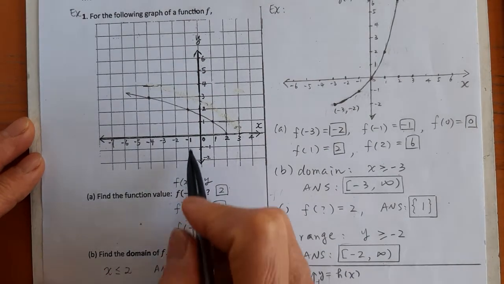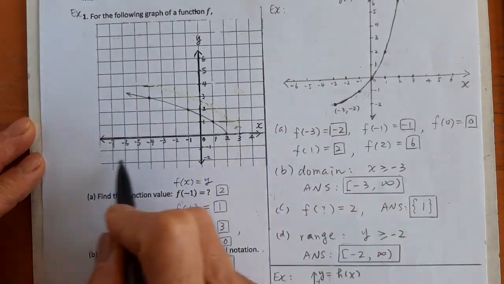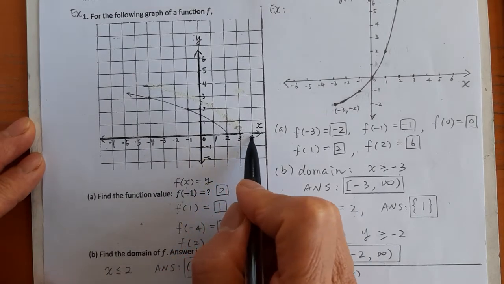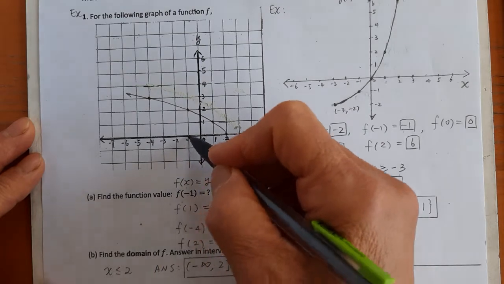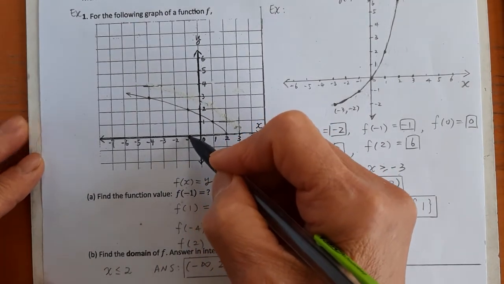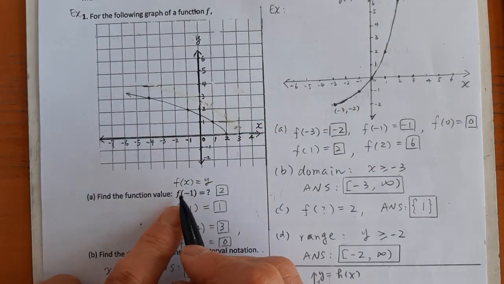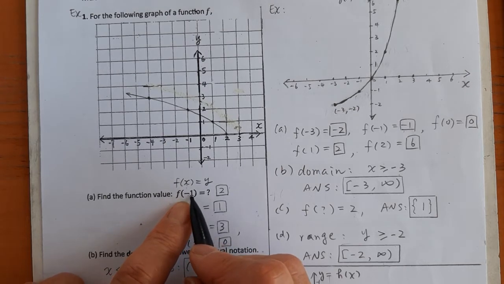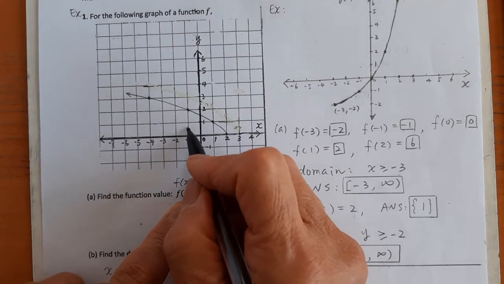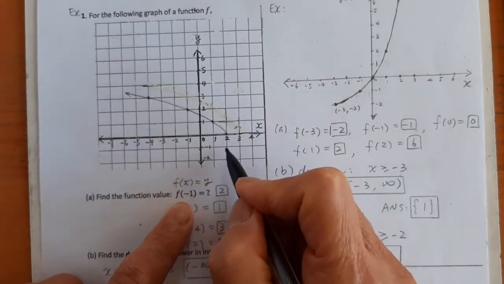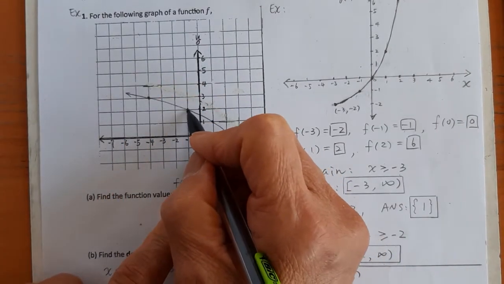X is -1, so on the x-axis, 0, 1, 2, 3, 4 are positive, and on the left, negative. From x equal -1, we are looking for f of x. X is -1, so what is y? We go to -1, and then on the curve is this point.